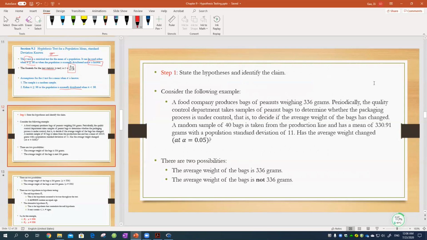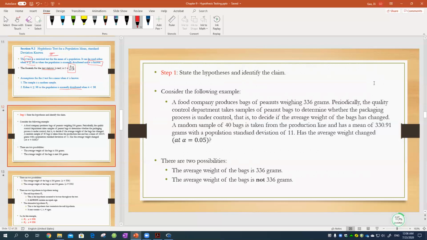Periodically, the quality control department takes samples of peanut bags to determine whether the packaging process is under control. That is to decide if the average weight of the bags has changed.